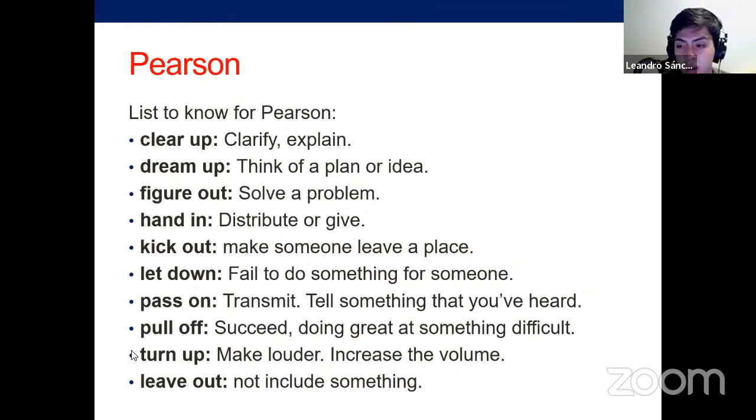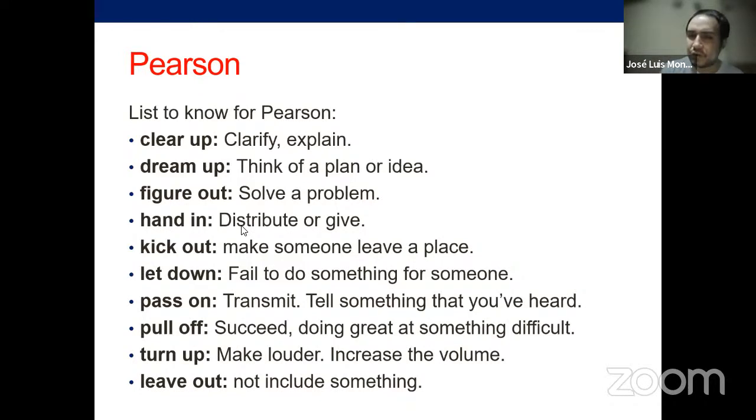Pass on: transmit and tell something that you've heard. Pull off: succeed, doing great at something difficult. Turn up: make louder, increase the volume. Leave out: not include something. All right, great.